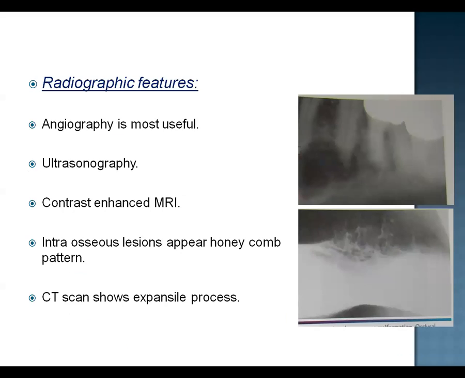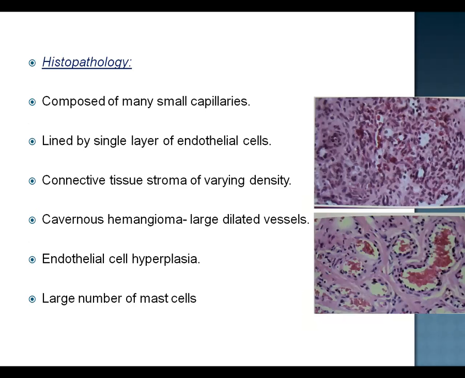Radiographic features: angiography is most useful, along with ultrasonography and contrast-enhanced MRI. Intraosseous lesions appear in a honeycomb pattern, and CT scan shows an expansile process. Histopathologically, it is divided into two types: capillary hemangiomas and cavernous hemangiomas. When lesions are composed of many small capillaries lined by a single layer of endothelial cells and connective tissue stroma of varying density, it is called capillary hemangioma.